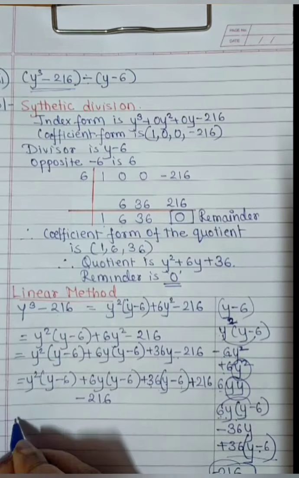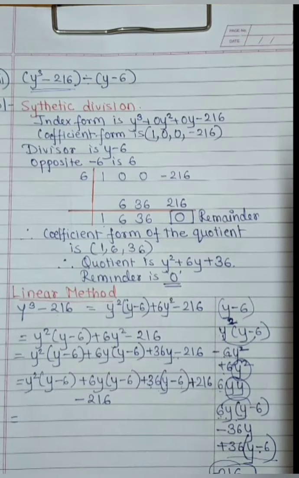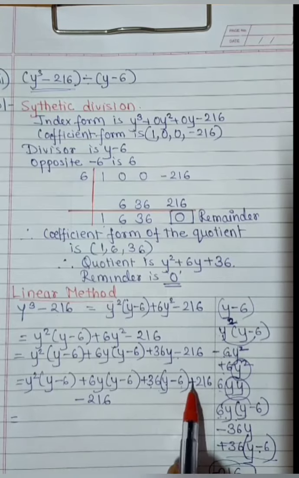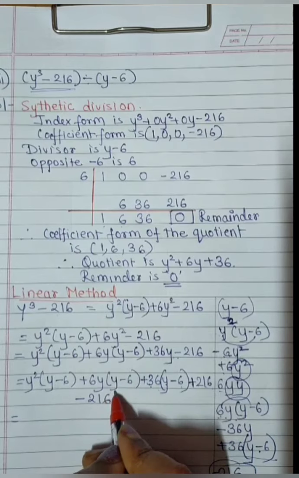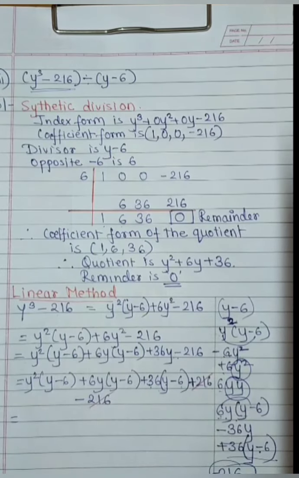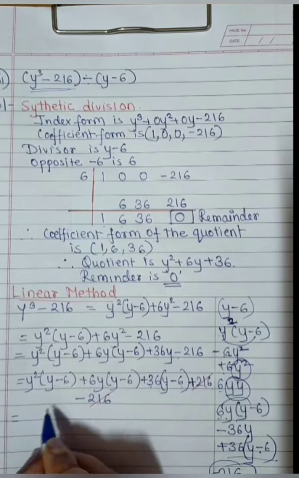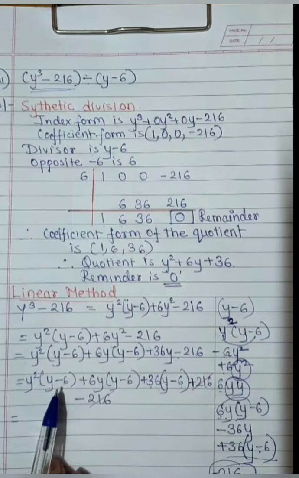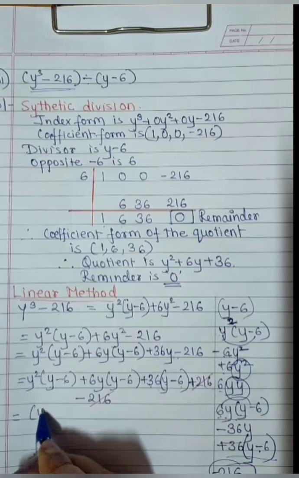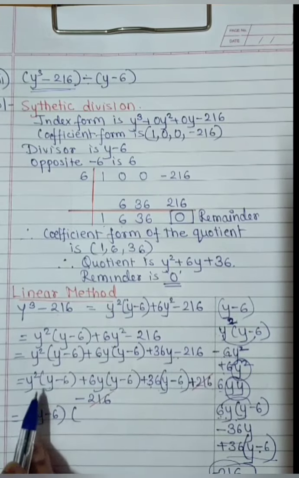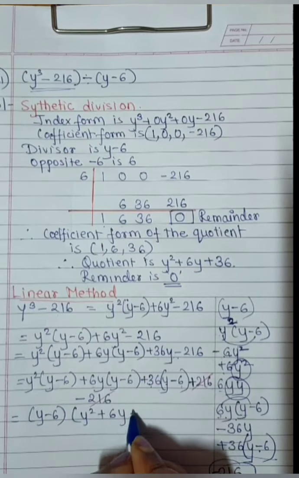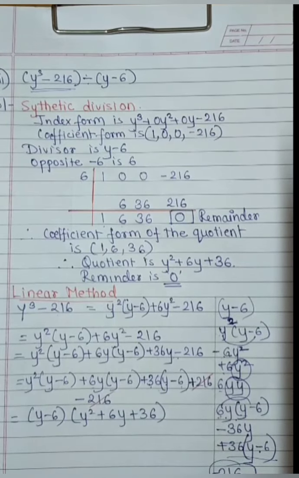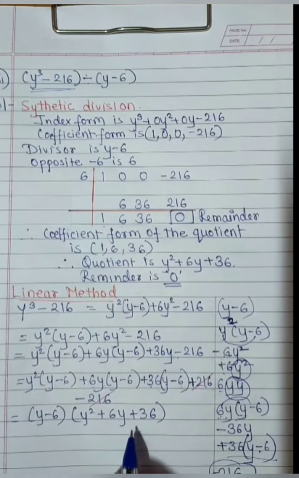Now next step is, as you can see here, this is plus 216 and this is minus 216. Both will cancel, and here we will get the equation of these. There is a common factor y minus 6, and after that y square plus 6y plus 36. Okay, this is our quotient.